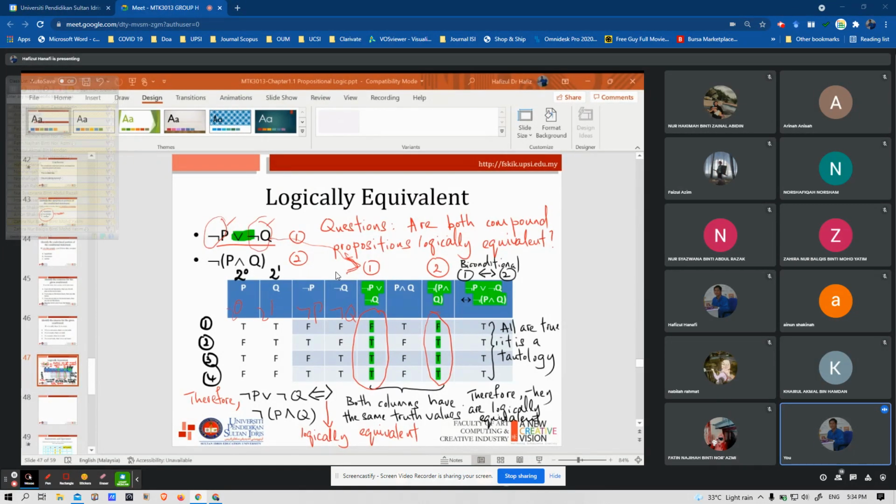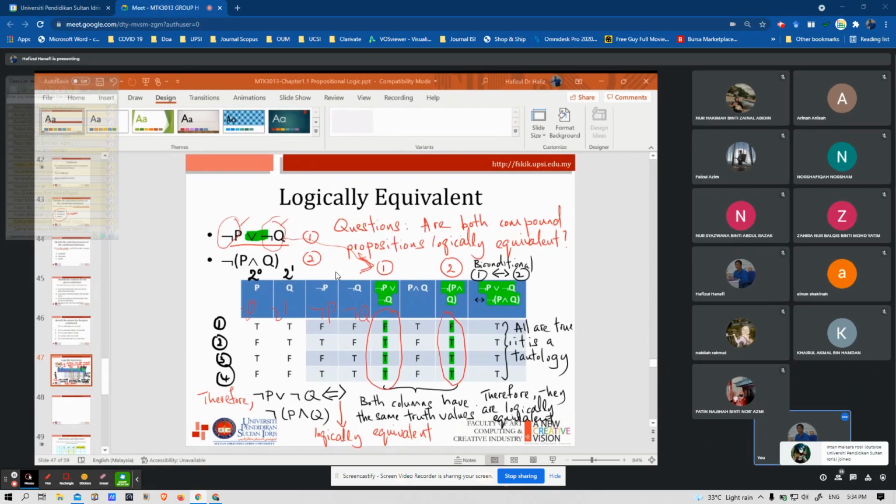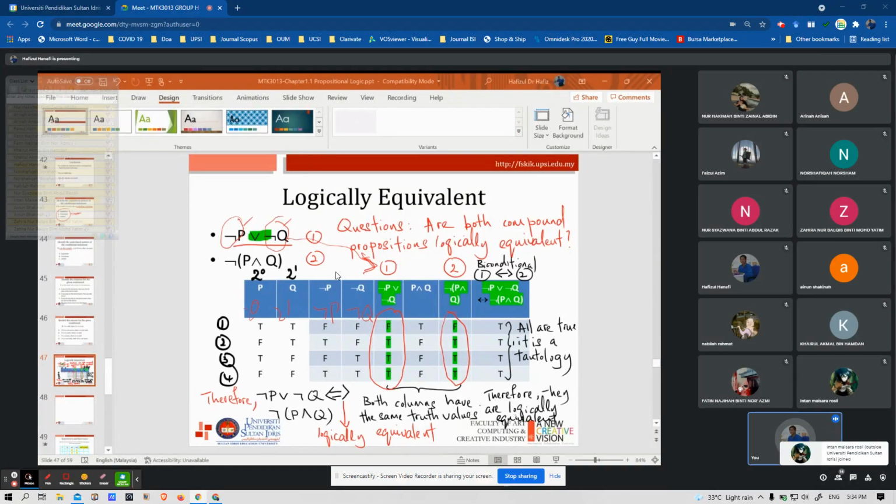Tautology, in mathematics, is a formula or assertion that is true in every possible interpretation. Here we have two propositions that we compound logically. The first one is negate P or negate Q, and the second one is negate (P and Q). Therefore, both columns have the same value, they are logically equivalent, and we name it a tautology.